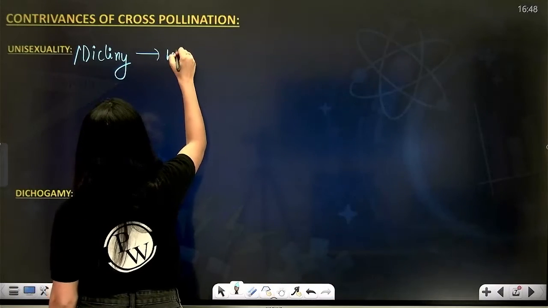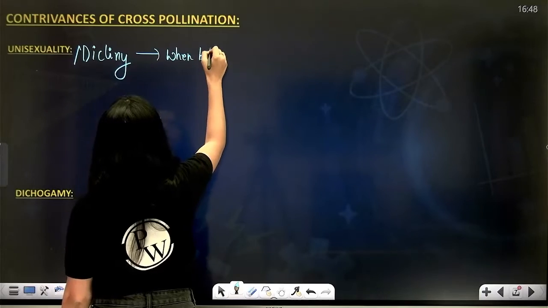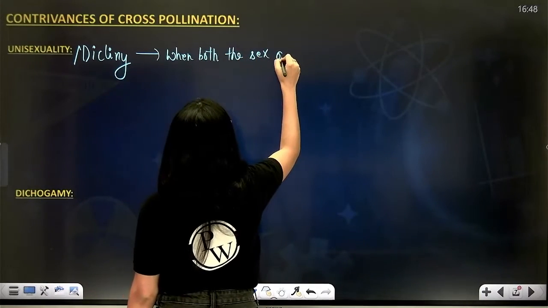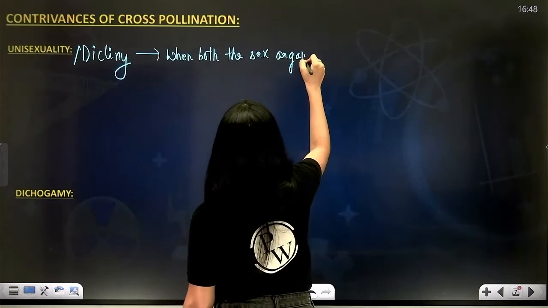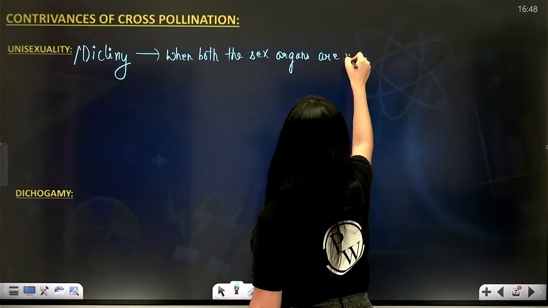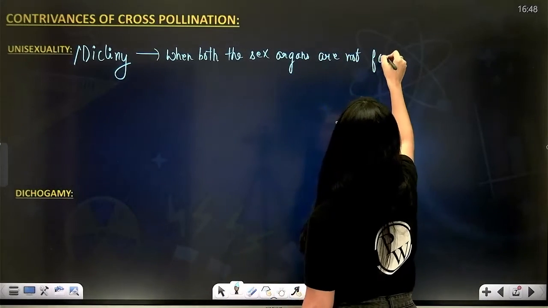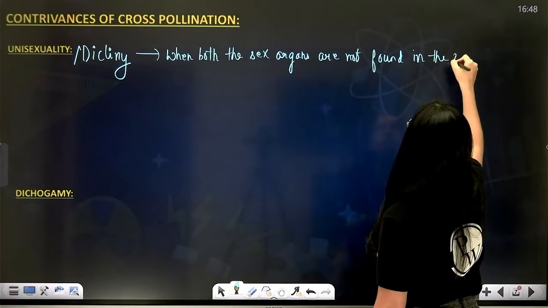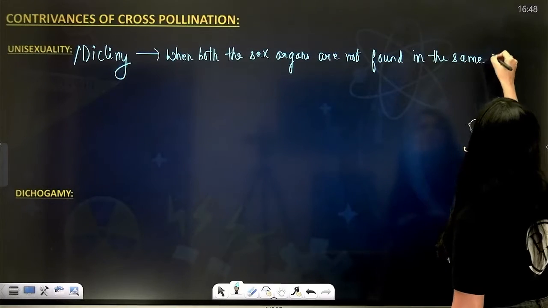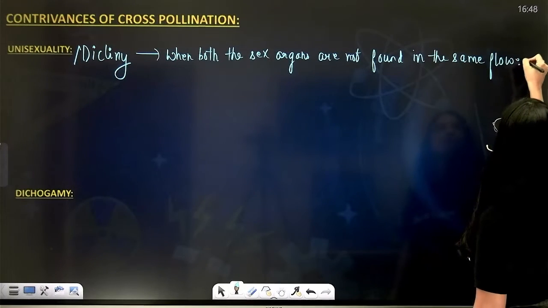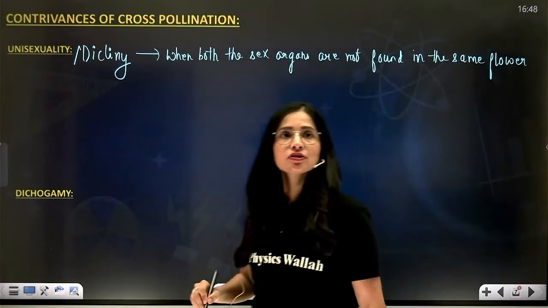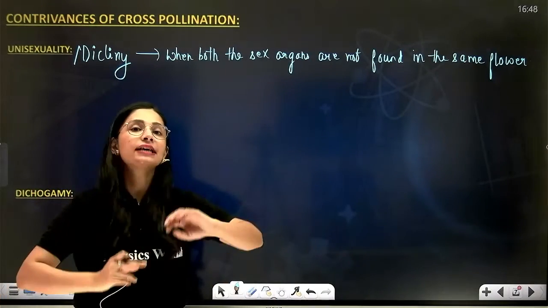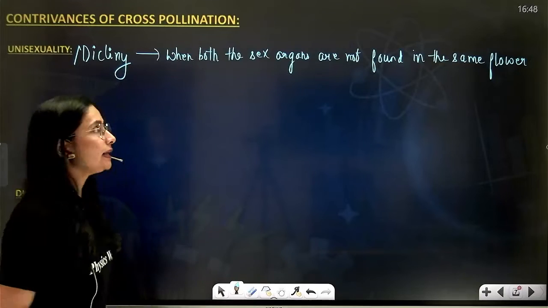Unisexuality means when both the sex organs are not found in the same flower, then this is known as dicliny or unisexuality.